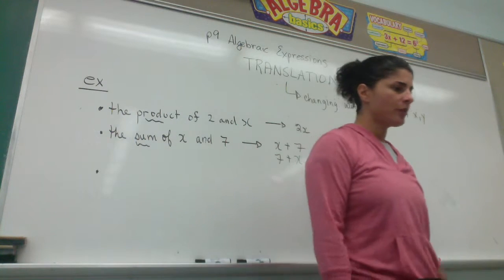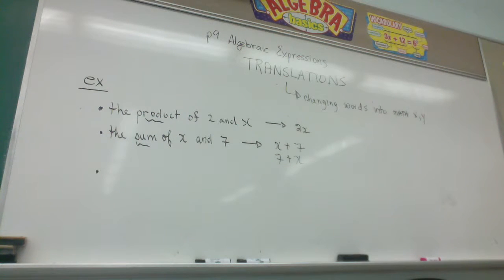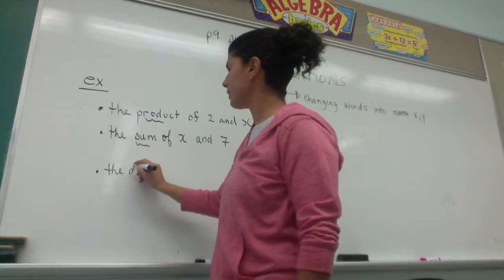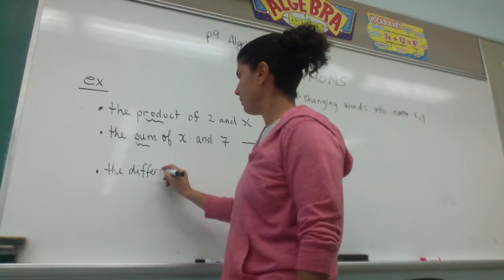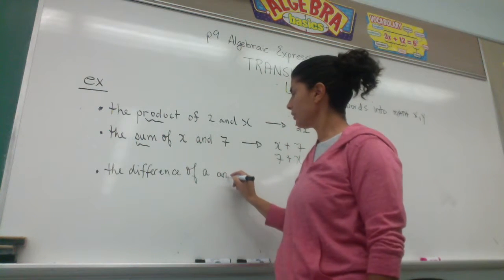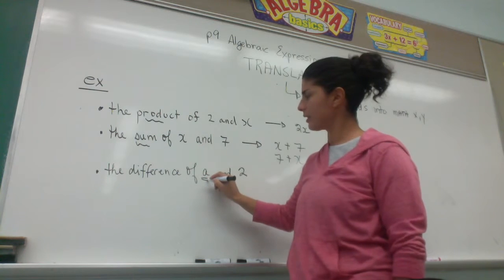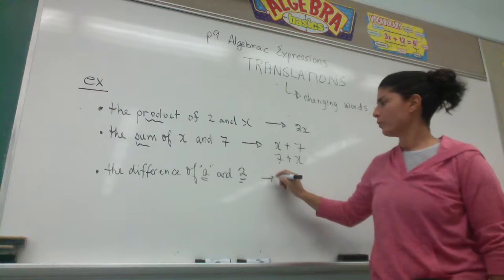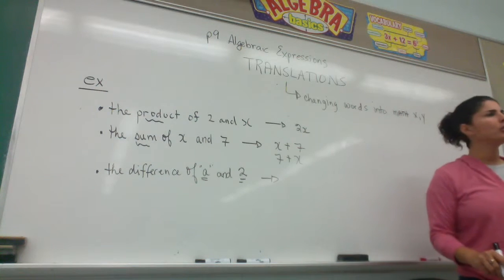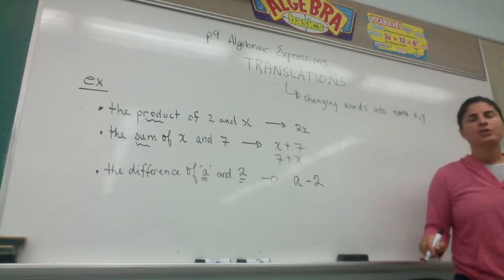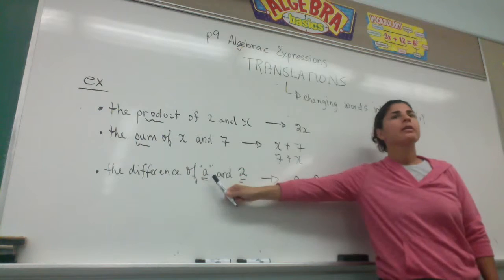Let's do another one. Pretty simple and straightforward. Let's do the difference of a and 2. So be careful, because this is the letter A. The difference of A and 2, we would write A minus 2. The first thing they mentioned was the A and then the 2.